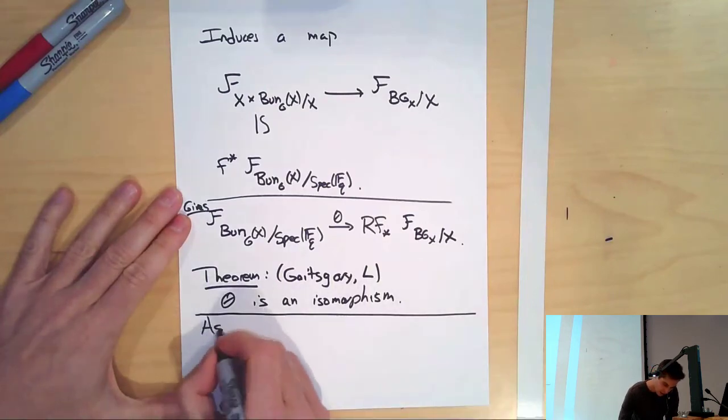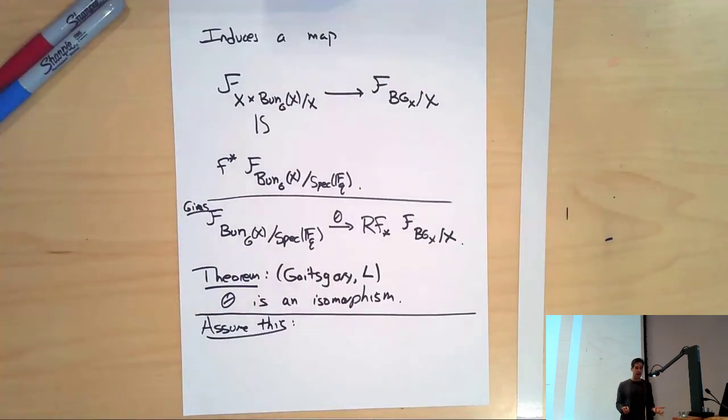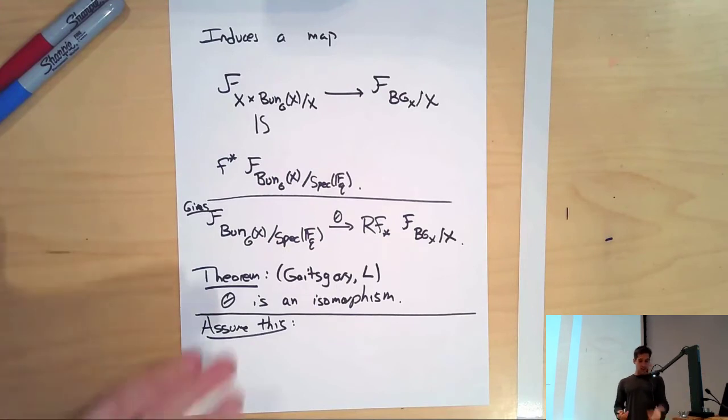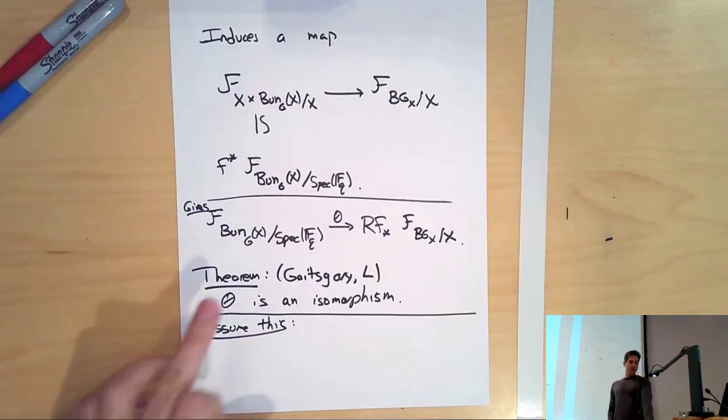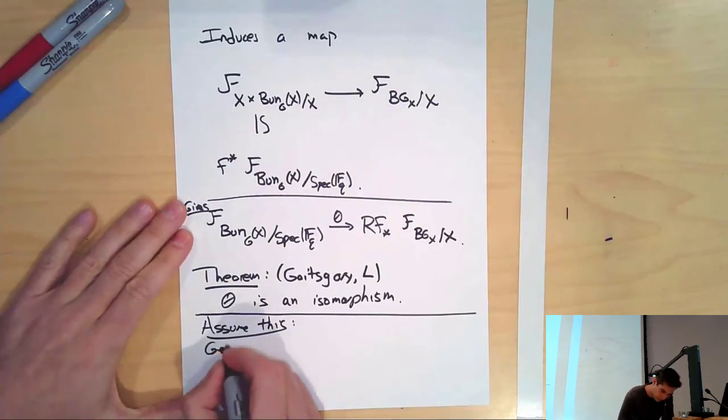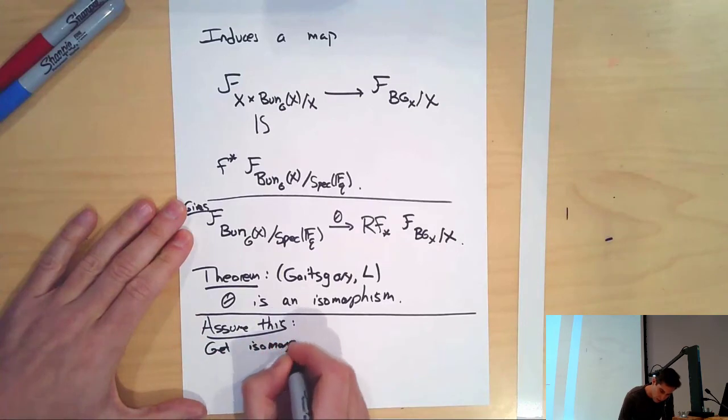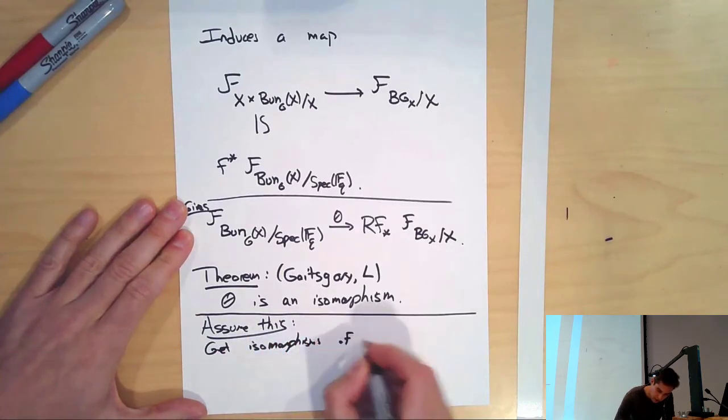So assume this. I'm saying that something is an isomorphism in the derived category of l-adic sheaves just on a point. That's equivalent to saying that this induces an isomorphism on cohomology sheaves when you take the stalk at the essentially unique geometric point of Spec F_q. So what is this saying concretely? It says you get an isomorphism of Q_l vector spaces.